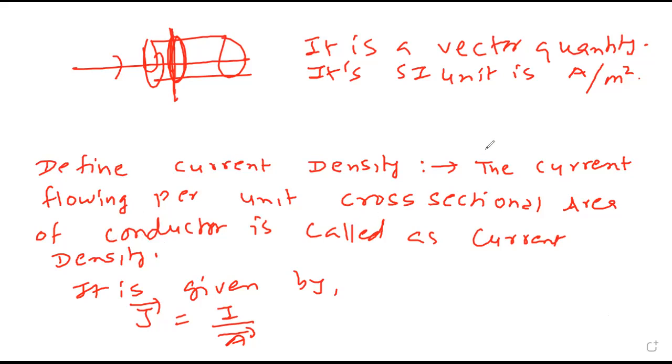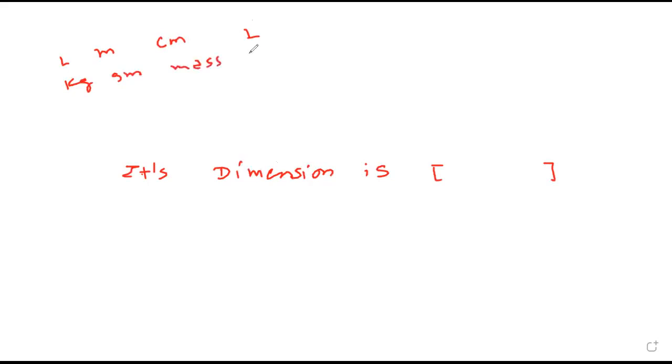Can you suggest what will be the dimension of this current density? If you are remembering from 11th, how do we write dimension? Once they had asked in exam. In dimension, whenever you see length, meter, centimeter, we write L. If we see kilogram, gram, mass, we write M. When it is time, second, we write T. When it is temperature, Kelvin, we write K. If it is current, ampere, we write A. This is the rule.